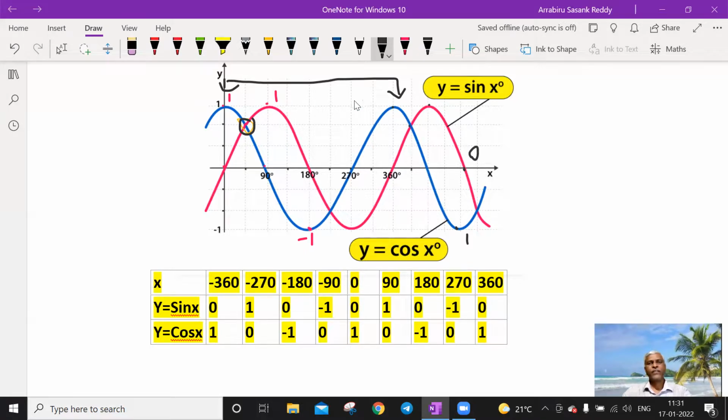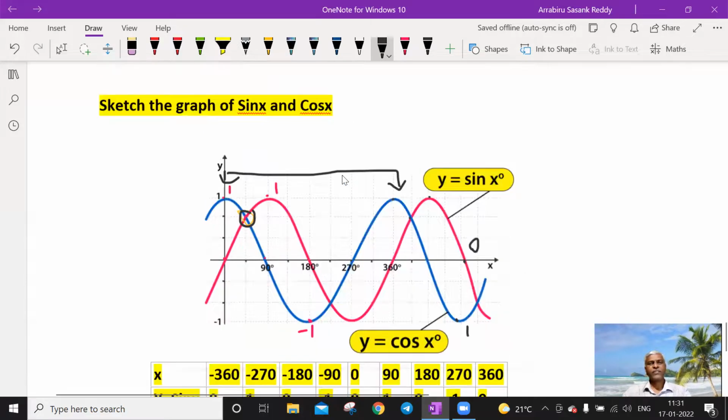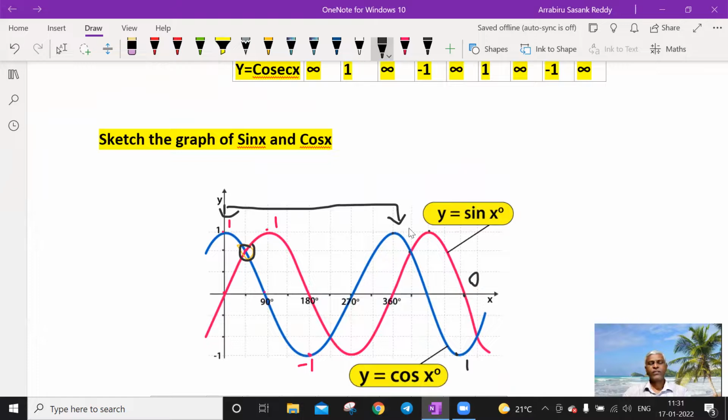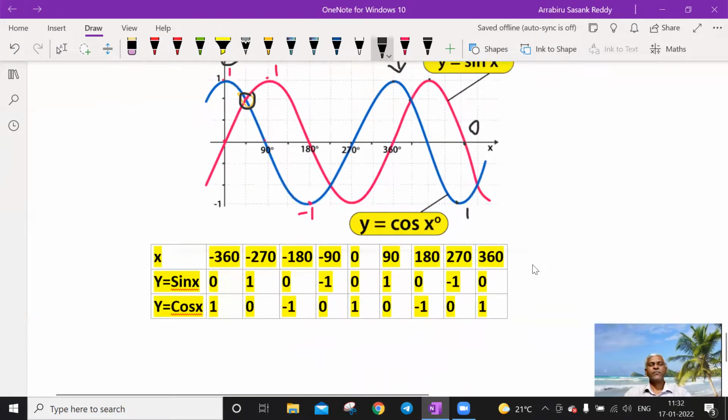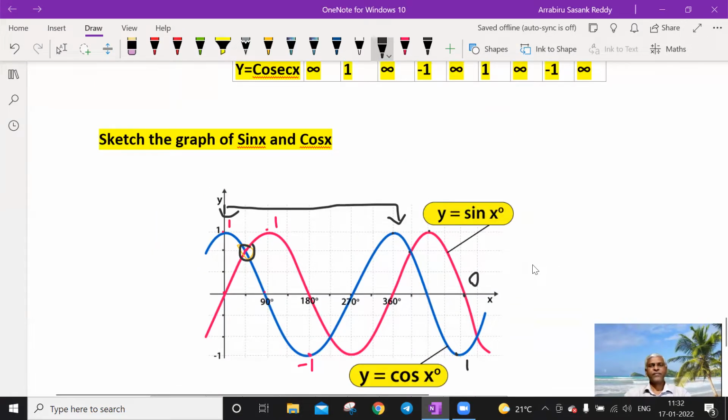So 90 to 450 is 360. For sine and cos, the period is 360, that is 2 pi. You can observe the wave, the graph. This is the period. In physics, you call it wavelength. So here it is the period of the function. So you can observe these graphs. It will be easy to understand the nature of the function, range, and period.